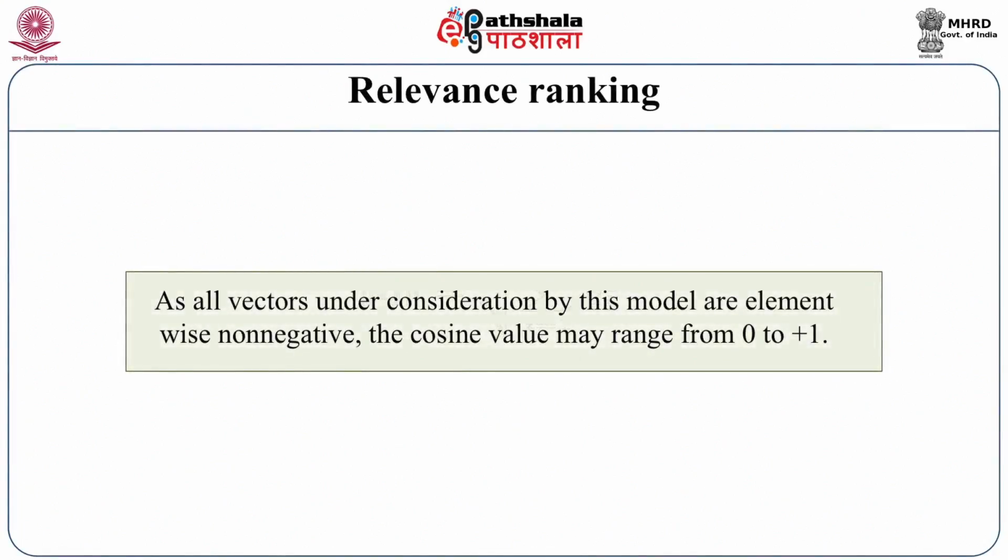As all the vectors under consideration by this model are element-wise non-negative, the range of the cosine value may be from 0 to 1. If the cosine value is 0, that means the query vector and the document vector are orthogonal to each other and no match is found.